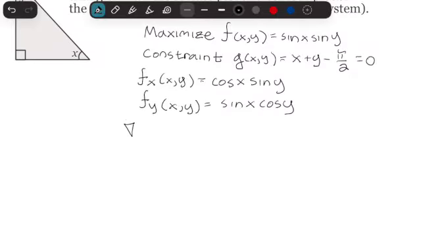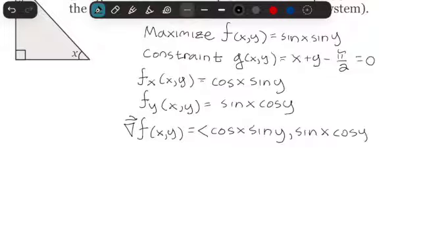Alright, so our gradient of f equals cosine x sine y, comma, sine x cosine y. Alright, and then the gradient of our constraint, g, well, that's easy. It's just going to be 1, 1.